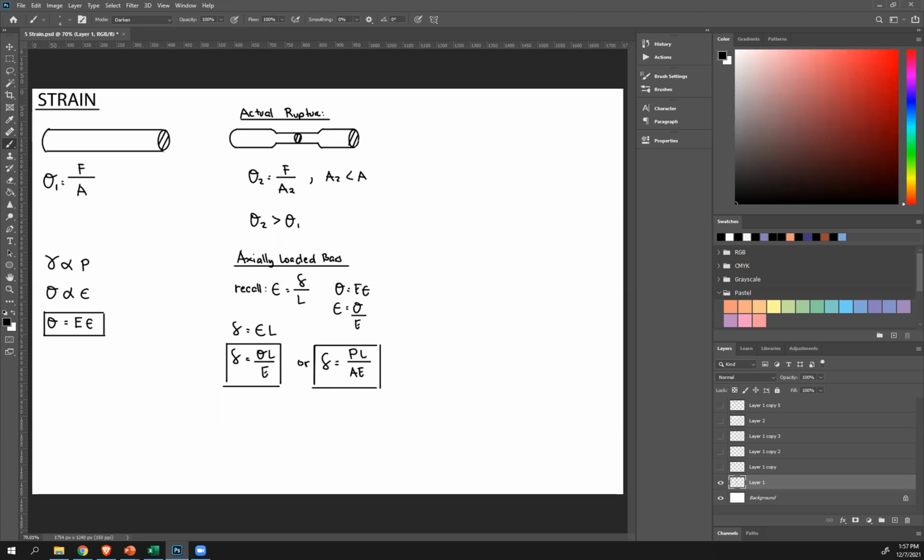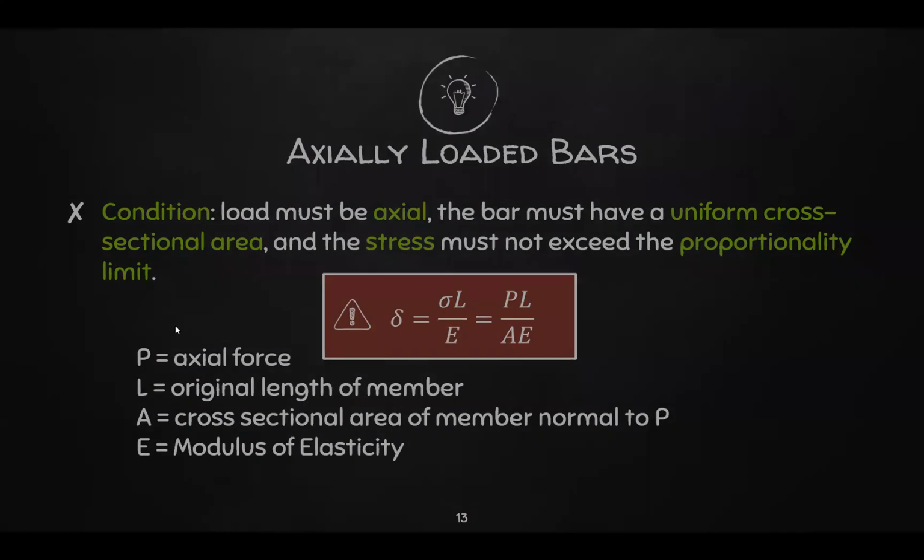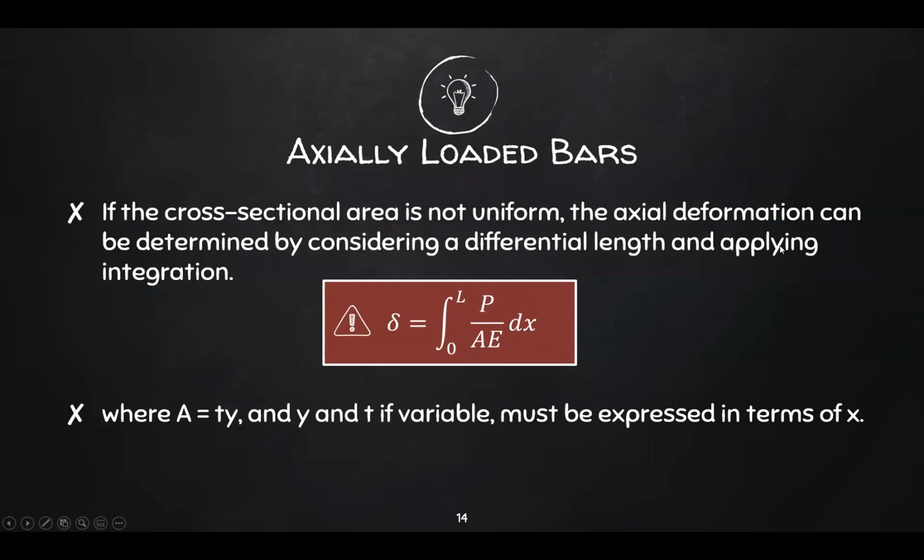P is the actual force, L is the original length of the member, A is the cross-sectional area of the member, normal or perpendicular to P. Keep this definition in mind. E is the modulus of elasticity or Young's modulus. That's for a uniform cross-section. If the cross-sectional area is not uniform, the actual deformation can be determined by considering a differential length and applying integration.